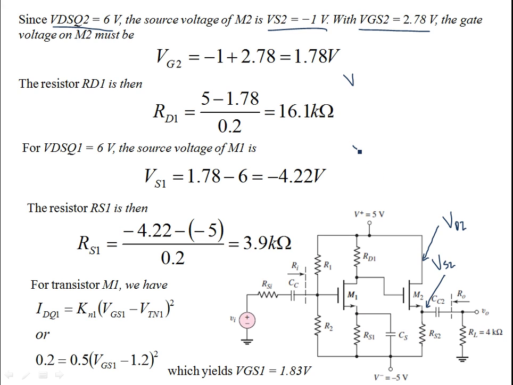So basically your VDSQ2, which is 6 volts, can be written as the difference of these two potentials. So you can write this as 5, which is your VD2, minus VS2.